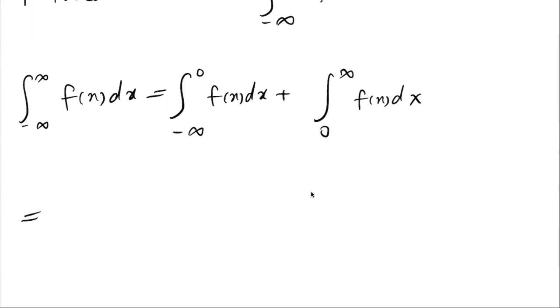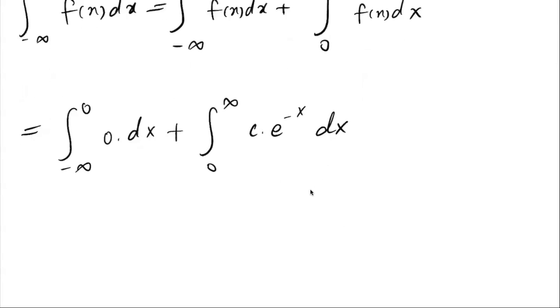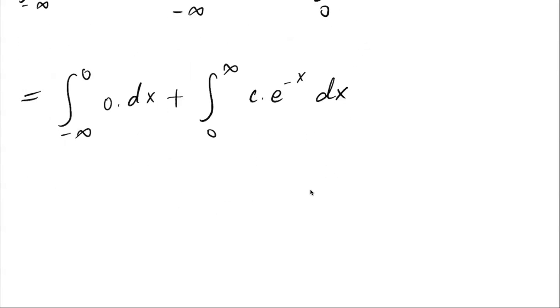From minus infinity to 0, the function is 0. And then from 0 to infinity, the function is c times e to the power minus x dx. And this has to be 1.